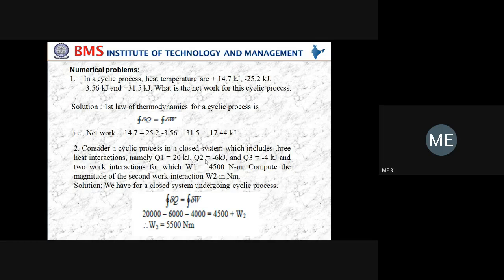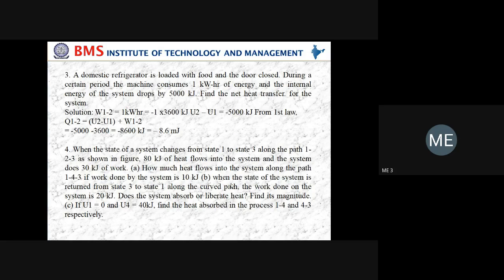That is 20 minus 6 minus 4 equals, the kilojoules we have to convert into joules. That is 20,000 minus 6,000 minus 4,000 equals 4,500 plus W2. So after solving this one, we are getting W2 as 5,500 Newton meters. So we are applying the simple formula, that is summation of the heat transfer equals summation of the work transfer.